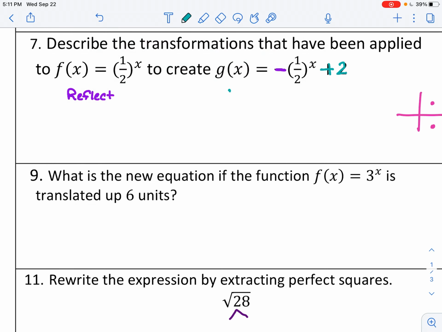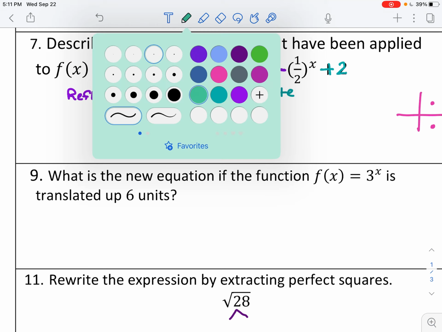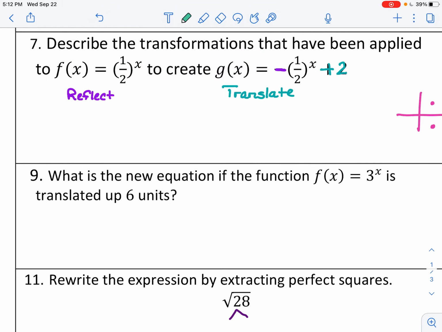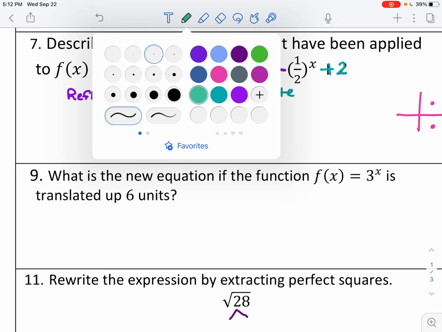And as I just said earlier, when you are adding a number, it's always going to be some type of translations. So we're going to flip this thing over and we're going to move it up, down, left, right. So when I look at the position of where these things have been labeled, I see that that negative is not by the x.